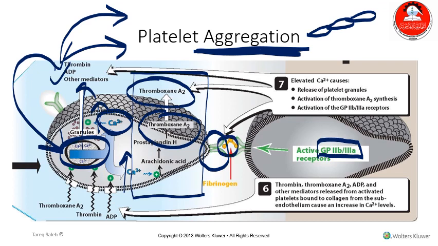Interestingly, an adjacent activated platelet that also has active glycoprotein IIb/IIIa receptors on its surface can also bind the same fibrinogen molecule. And this creates a cross-link between two adjacent platelets, resulting in their aggregation.